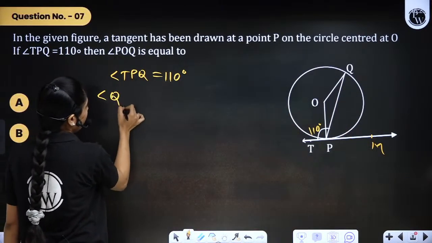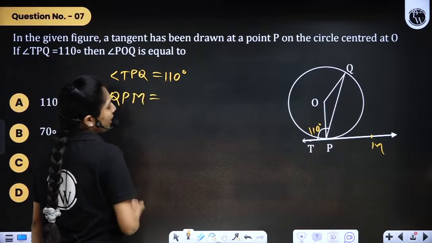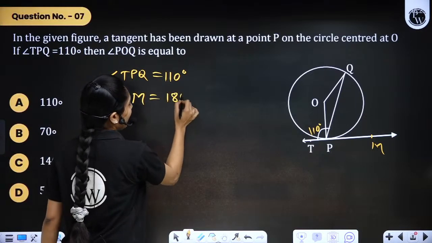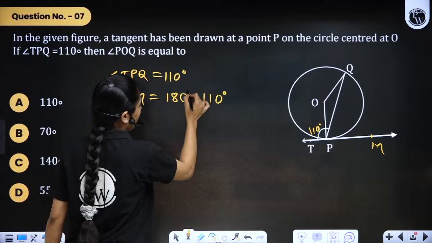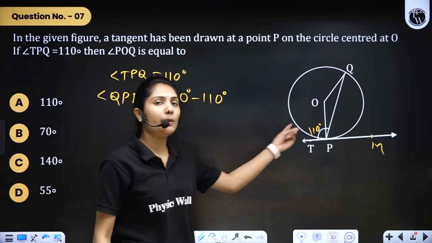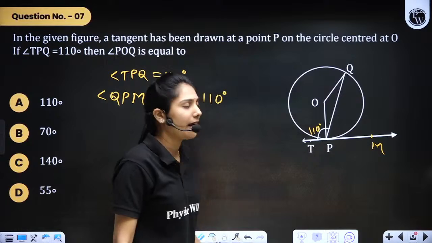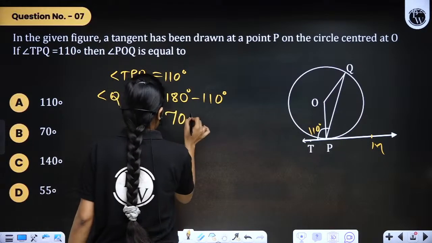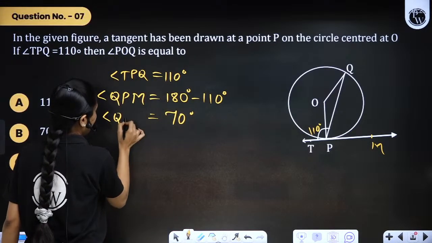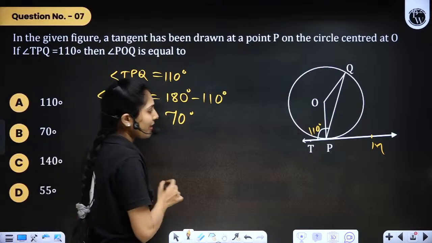Angle QPM is nothing but 180 minus 110, as they are linear pair angles. So we will get the value as 70 degree. Angle QPM is 70 degree.